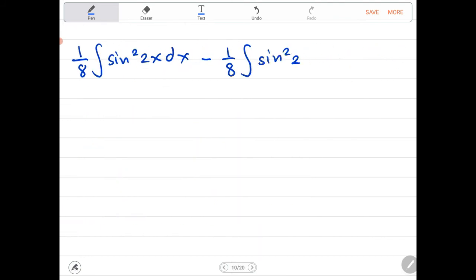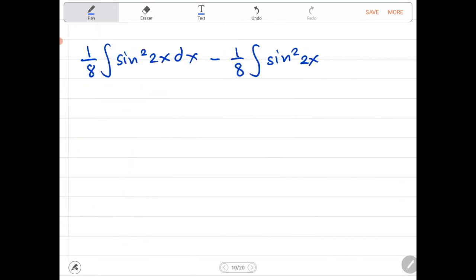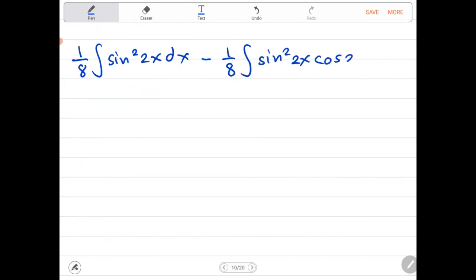sine squared 2x cosine 2x dx. So for the first term, we are going to use the substitution again for the sine squared, right? How about for the second term? Is it integrable? Yes. Why?